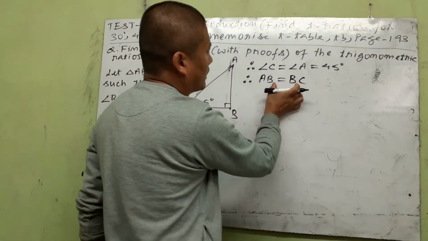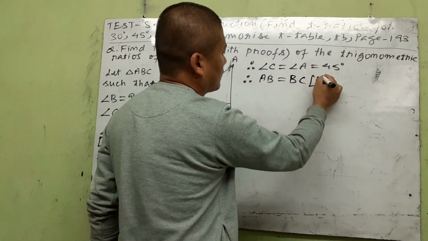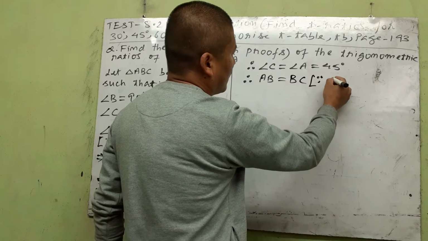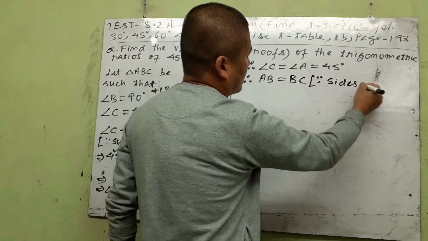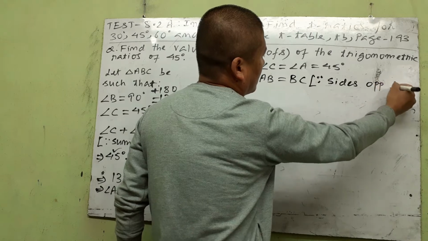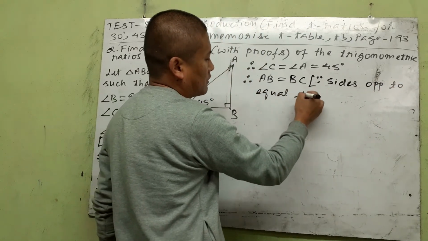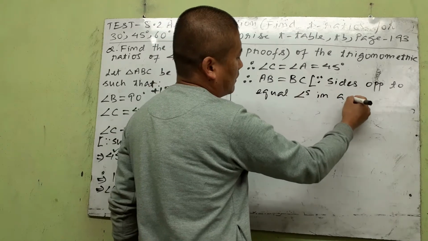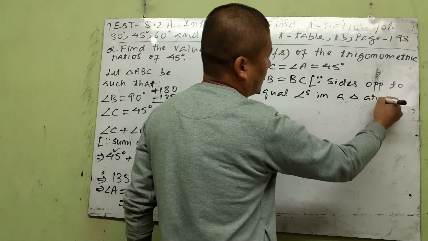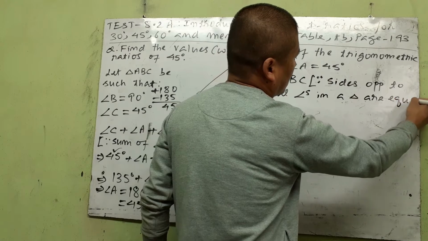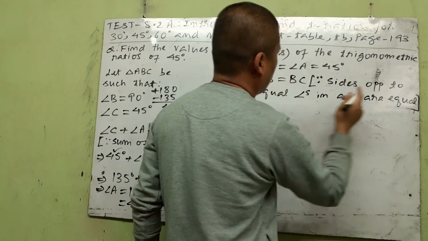So these two sides are opposite to these two angles, and they will also be equal, because we know the theorem that sides opposite to equal angles in a triangle are always equal in length.